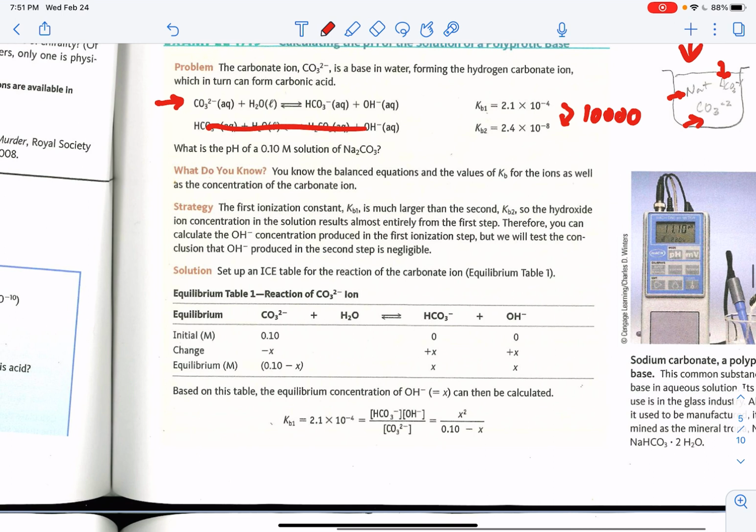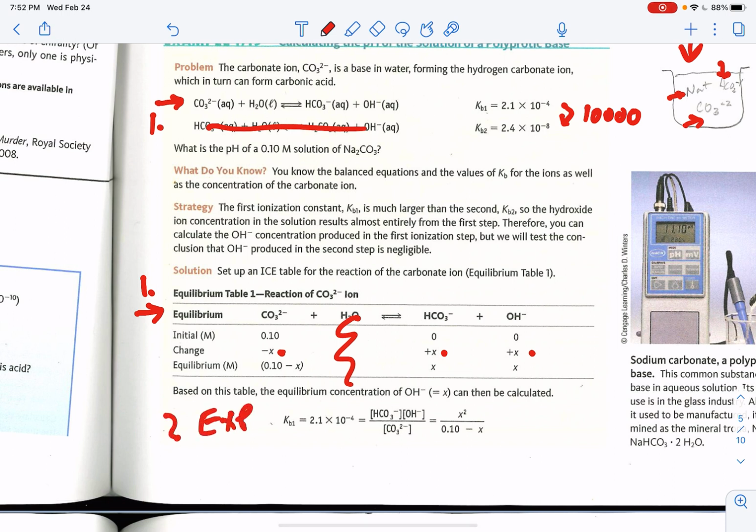So you'll notice how we always write that equation right there. Here's step one, we'll write the equation. I like to write it across the top. Remember, we don't worry about the water part at all. And now your ICE chart looks exactly like you've seen it before. Minus x, plus x, plus x. Here's my equilibrium expression, which is part 2.